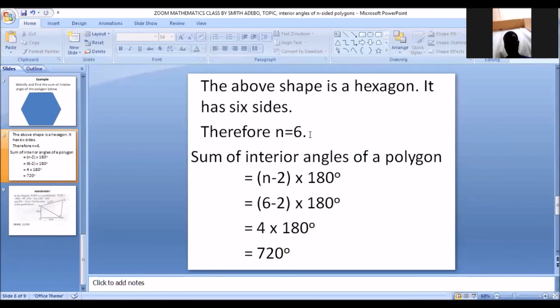So we know our n to be 6. The sum of interior angles will then be 6 minus 2 times 180 degrees. 6 minus 2 gives you 4. 4 times 180 degrees gives you 720 degrees. This is the sum of interior angles of a hexagon, 720 degrees.